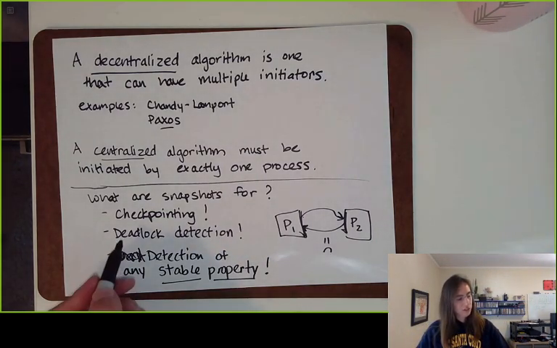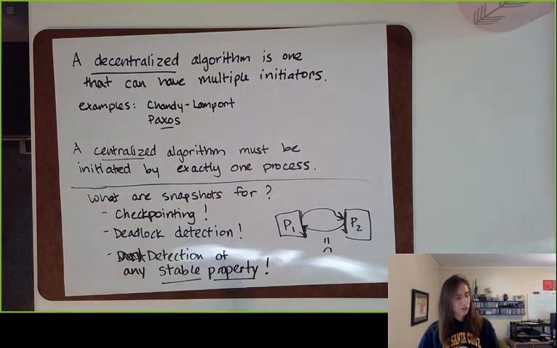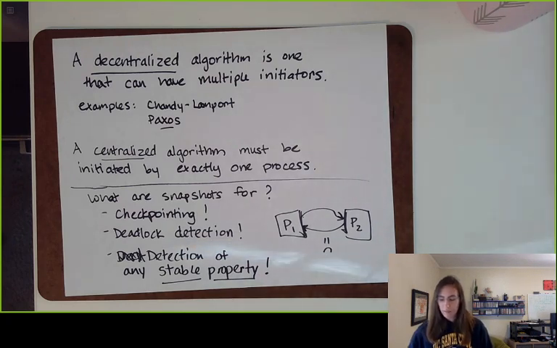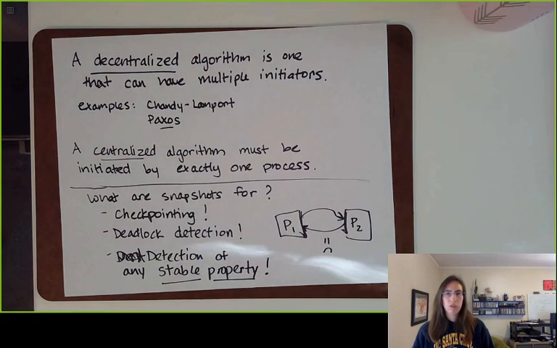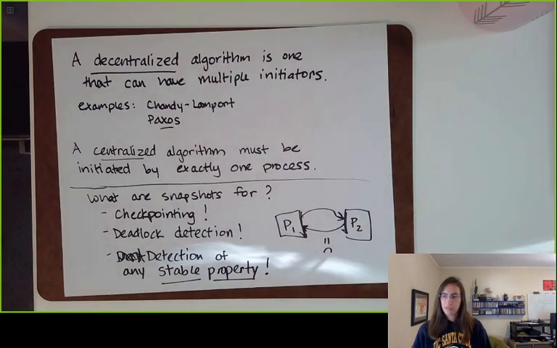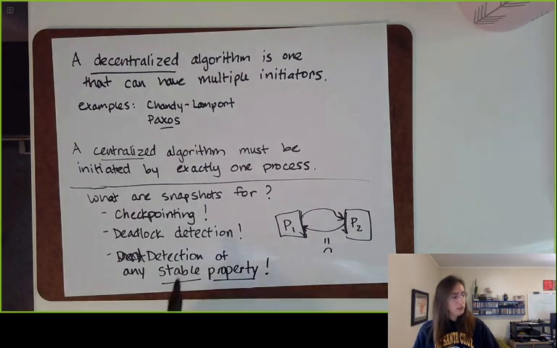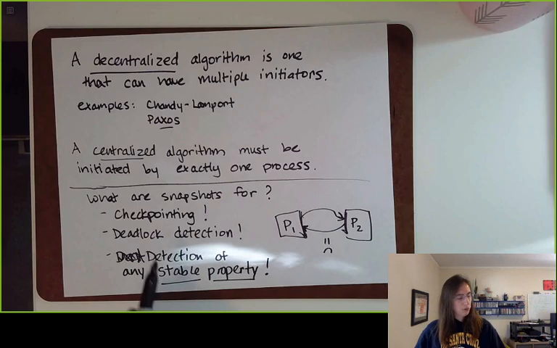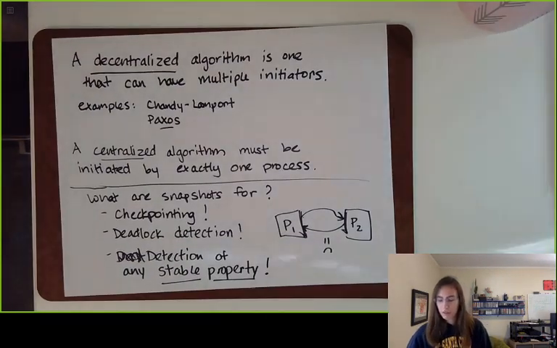So the state of being deadlocked is actually an example of that. But it turns out that snapshots can be good for detecting any stable property. You take a snapshot, you see if the property is true in the snapshot, and then you know it's still going to be true in whatever the current state of the system is. So snapshots are really, really useful for checkpointing and for detecting certain properties, which are what we call stable properties. And deadlock detection is a common example of that.